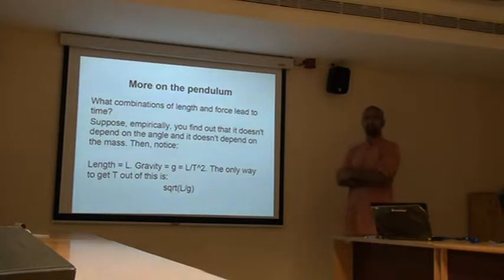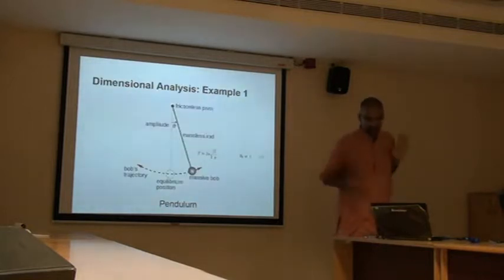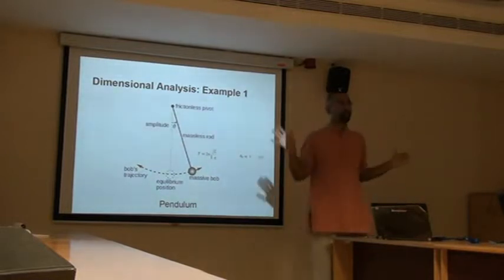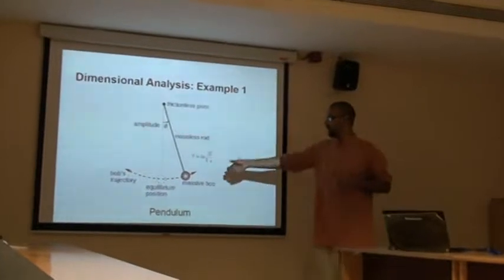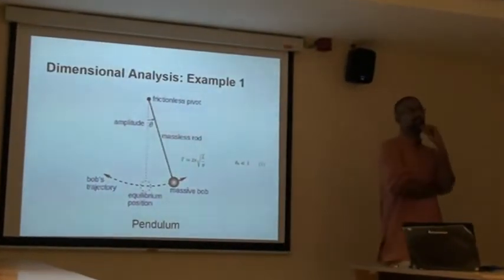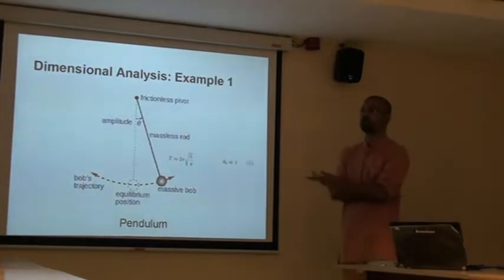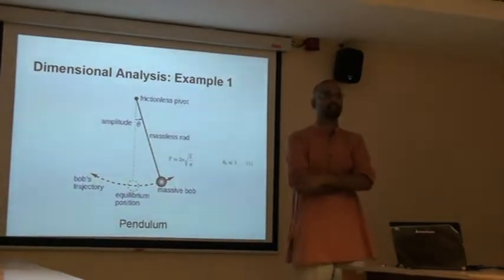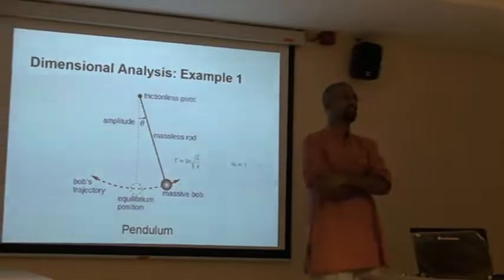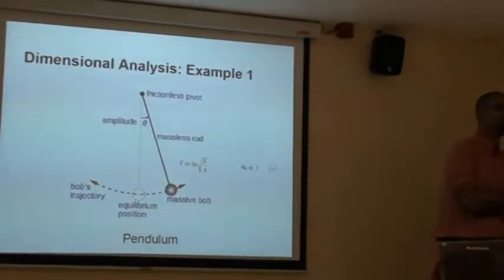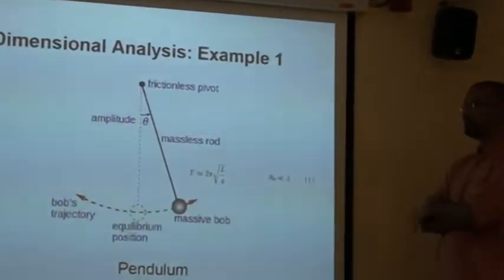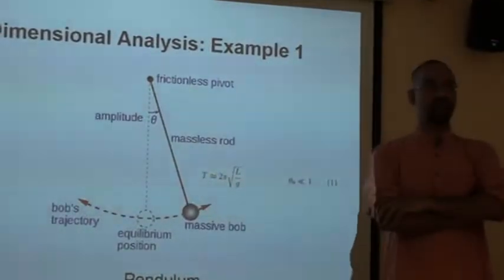So this is where it becomes interesting: assuming that we know the variables that matter. Now, a pendulum, even with a spherical bob at the end, could have zillions of variables that could affect it. For example, it's possible that rainfall in the Amazon forest tells you how long a pendulum would take to go back and forth in Bangalore.